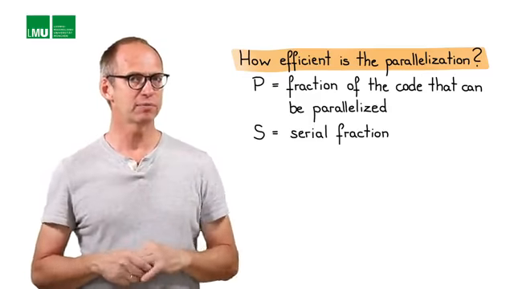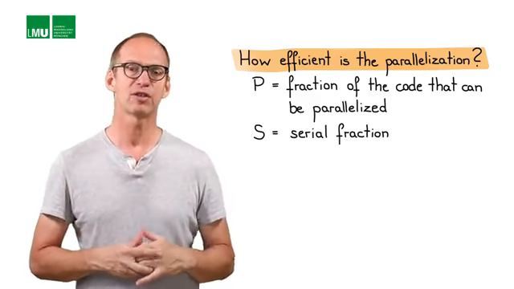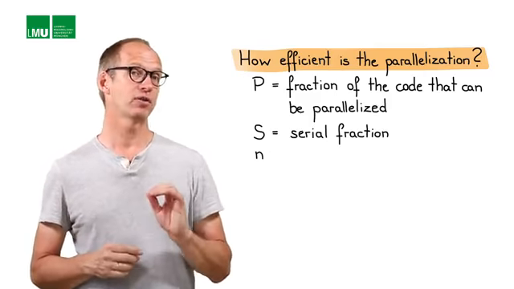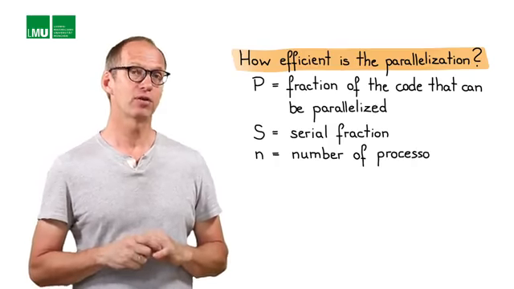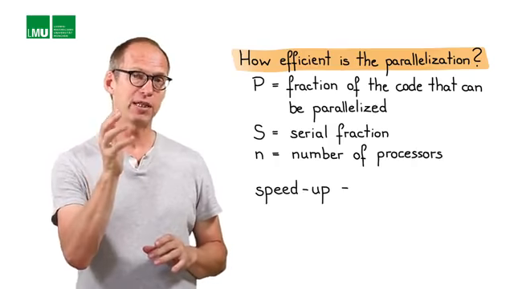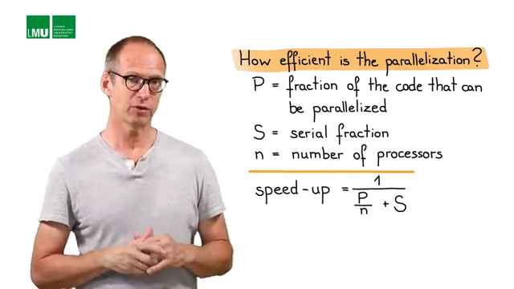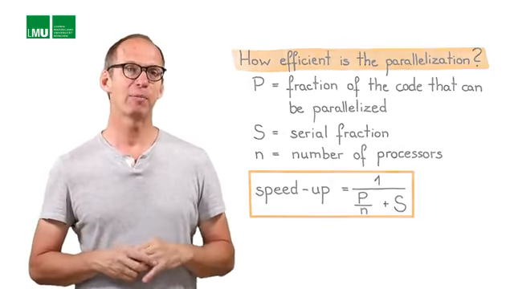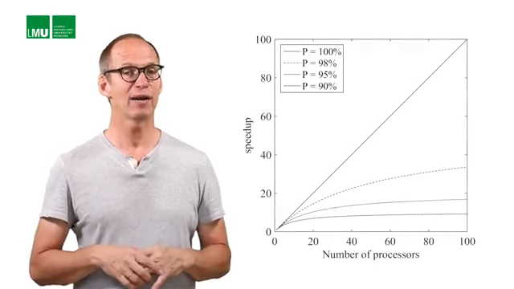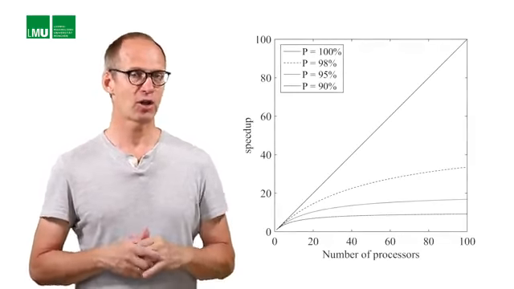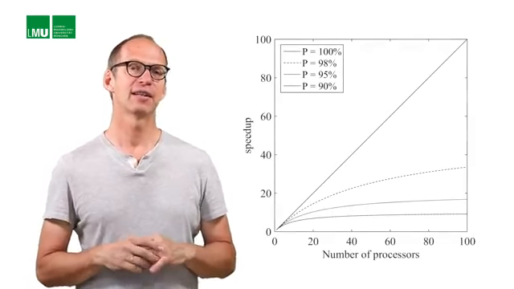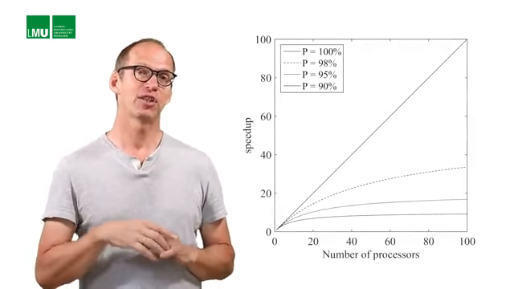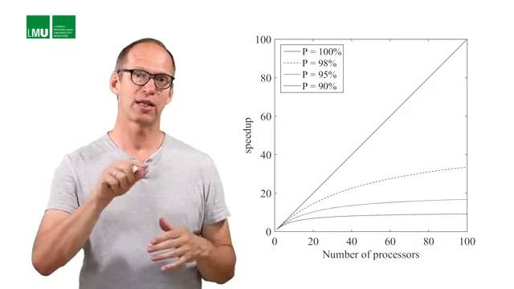Now, there is an equation that was developed by computational scientists that gives you the speedup as a function of the number of processors. It's the inverse of P divided by N, where N is the number of processors, plus S. There are a couple of examples given here in the graph, and it's quite shocking, because you can see that if that equation is correct, then your efficiency is quickly leveling off.